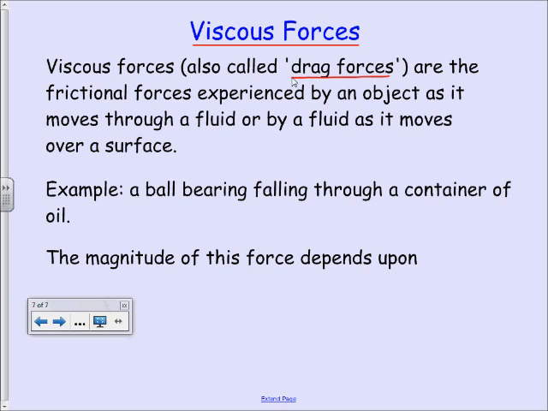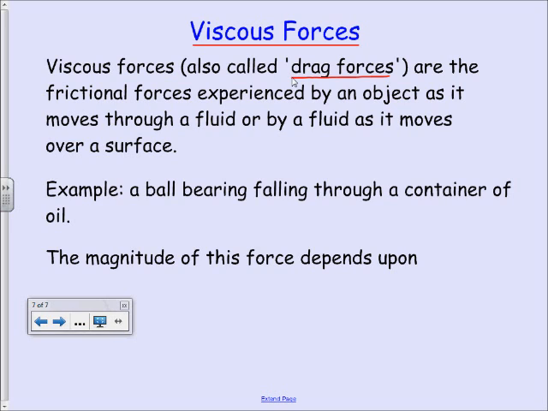So viscous forces, also called drag forces, are frictional forces experienced by an object as it moves through a fluid, so a yacht through water, or a golf ball through the air, or by a fluid as it moves over a surface, water running through a pipe or water passing across the surface of a riverbed or something like that.